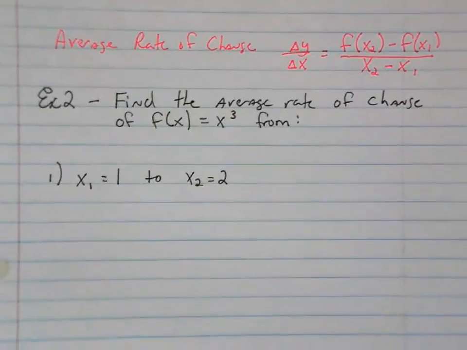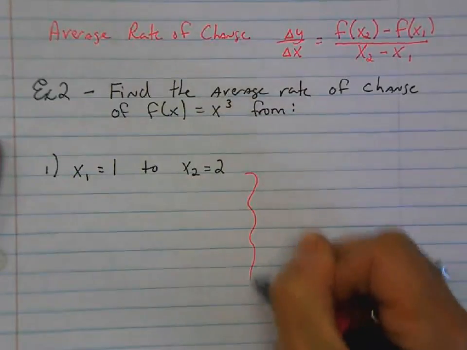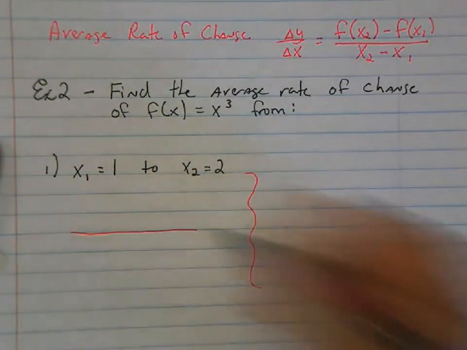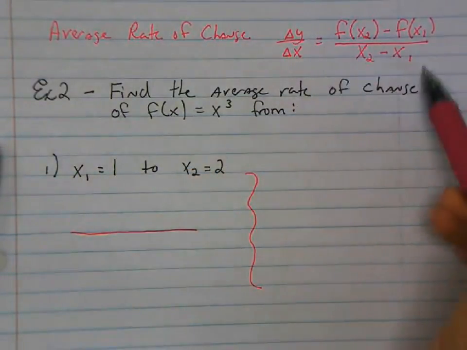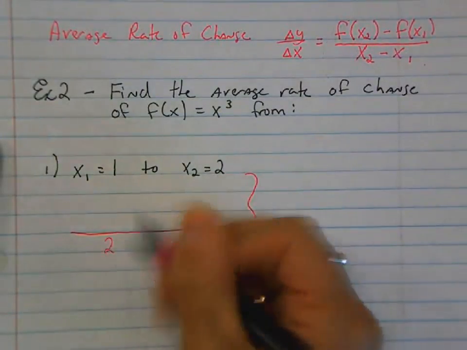Alright, here we go. I'm going to come over here to the side for just a minute. I already know my formula. So I'm going to go ahead and fill in my denominator. x sub 2 is 2, x sub 1 is 1. Okay, so the denominator is easy schmeezy.